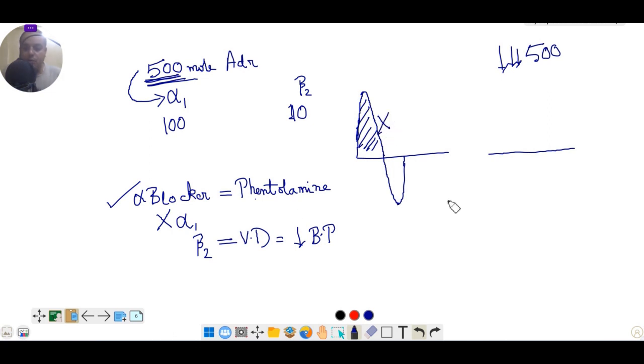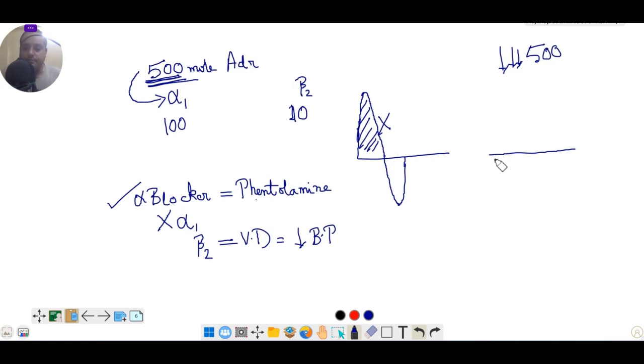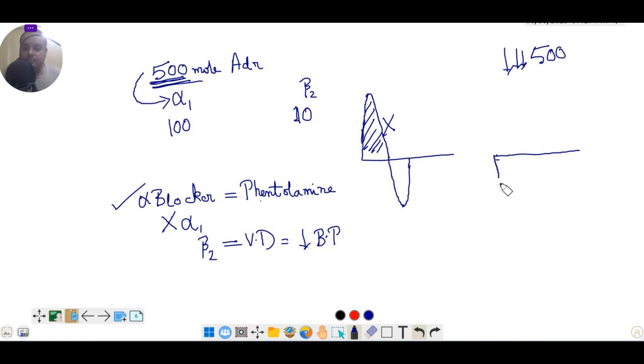Rather, due to beta 2, there will be vasodilation. And as the action is terminated, the BP will return to normal. So what was adrenaline supposed to do? It was supposed to increase the BP and then consequently decrease the BP.